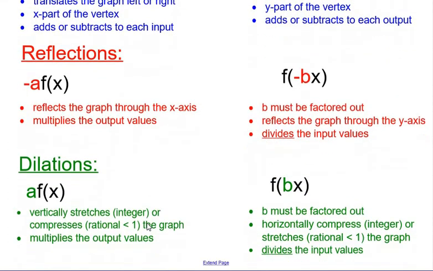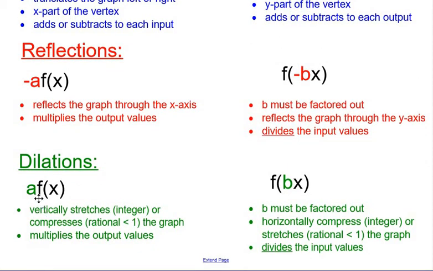The dilations will occur very similarly. So a, if larger than 1, is going to stretch the graph, multiplying it, making it taller, is another way to describe it. It's going to multiply the output values. b has to be factored out. b is a divisor, so it will make the graph smaller if greater than 1. And then keep in mind that if it's a fraction between 0 and 1, the opposite will happen.